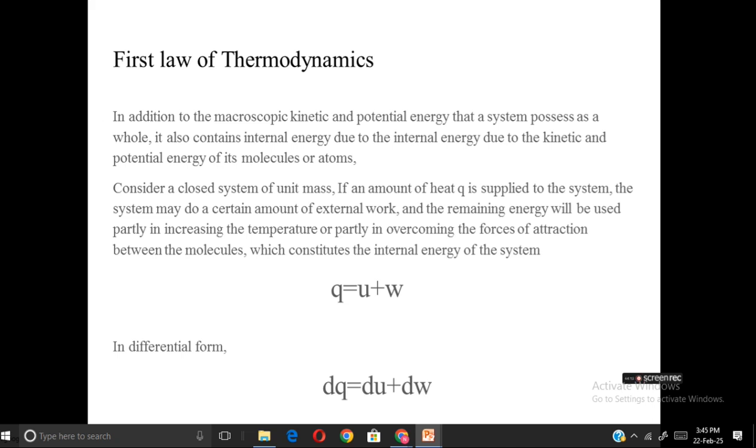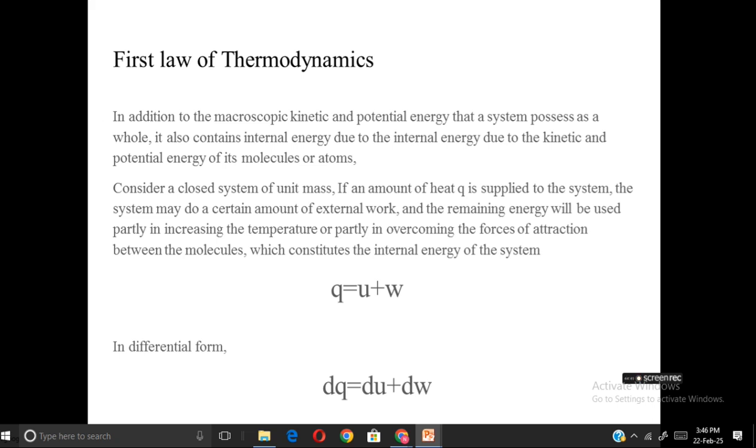So a body, in addition to its macroscopic kinetic and potential energy, also possesses an internal energy, which is due to the microscopic kinetic and potential energy of its molecules or atoms. The microscopic kinetic and potential energy of the molecules or atoms is basically known as the internal energy of the system. Suppose we consider a closed system of unit mass.